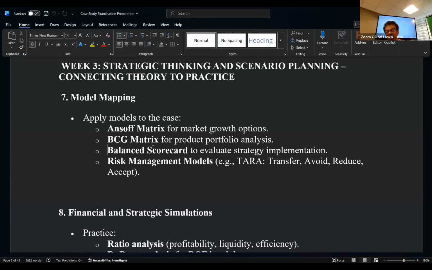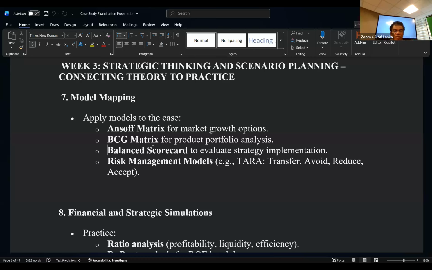You can't apply the matrix there, but people put it in every answer. When you see growth, you immediately come with that, but it's not relevant. That is what examiners say: don't apply these matrices and strategies wrongly in the wrong place.